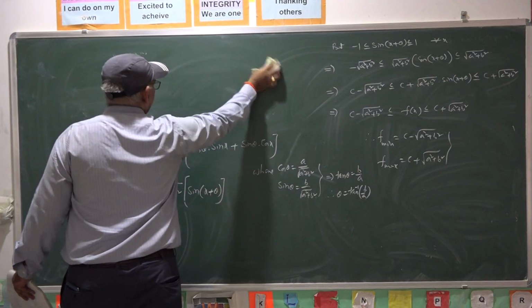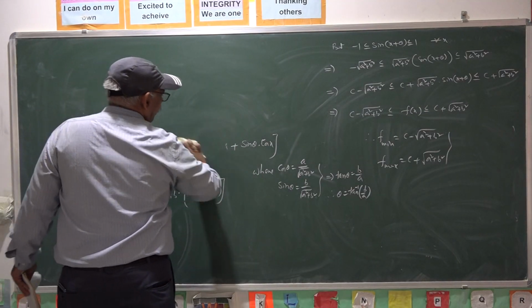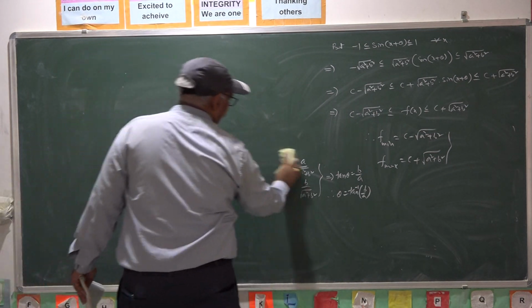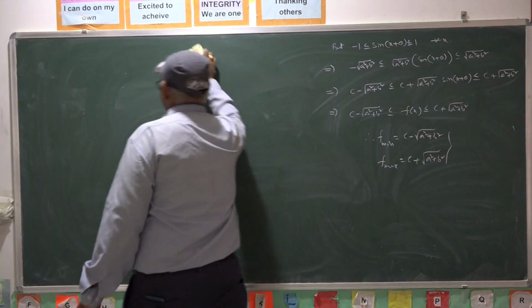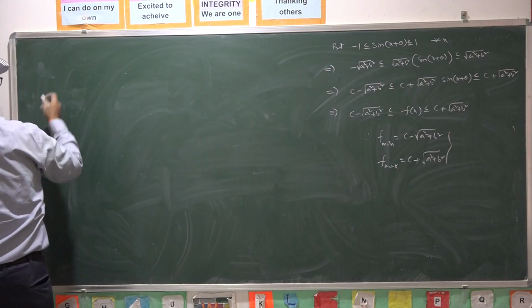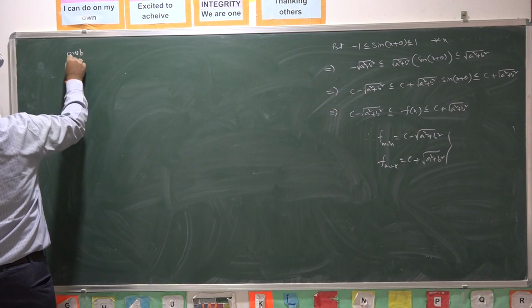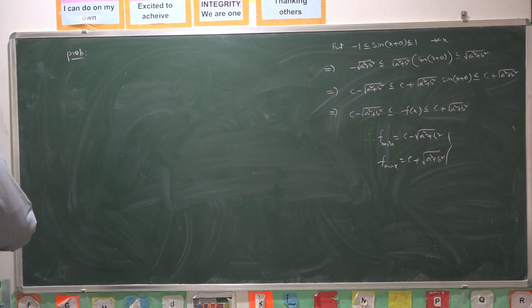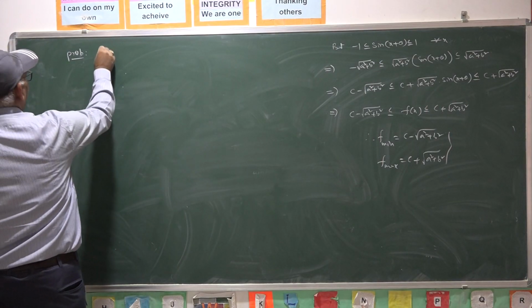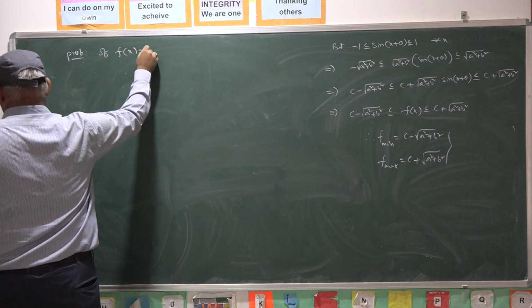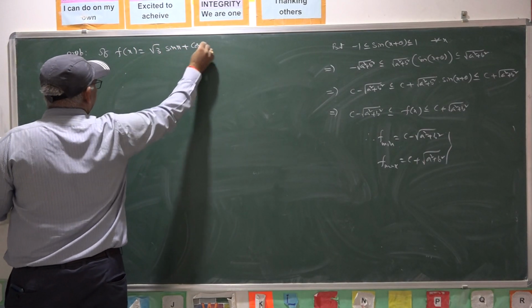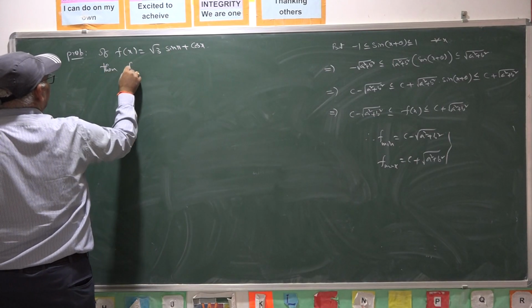This is very useful in dealing with the maximum and minimum of such functions. For example, I will give one problem based on this one. If f of x equal to root 3 sin x plus cos x, then f maximum value.